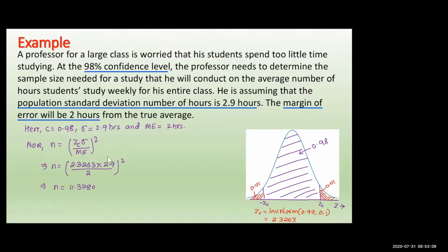That means the professor has to ask 11.3 students, that is more than 11. So we can say he has to ask 12 students. So that is the required sample size. N equal to 12 is the required sample size. So that's my answer.